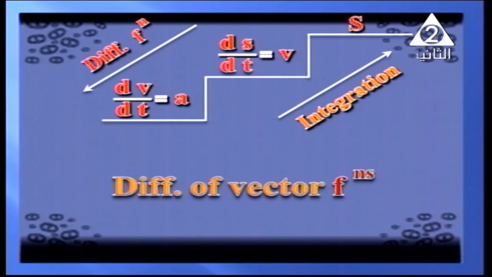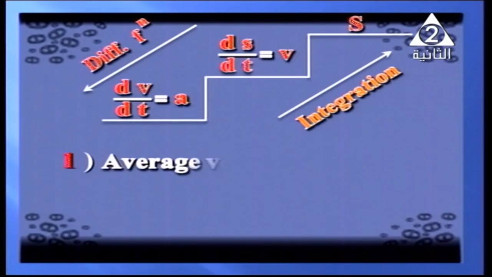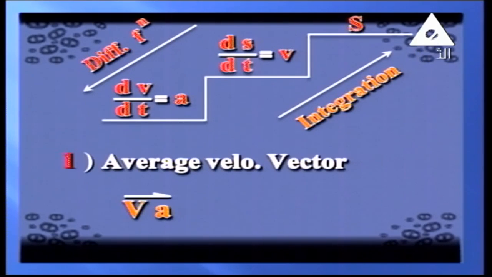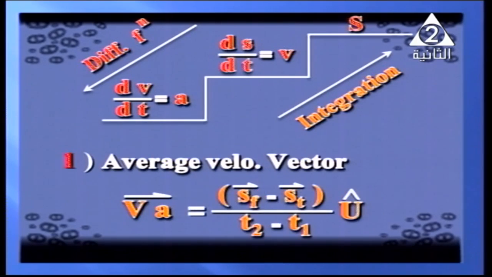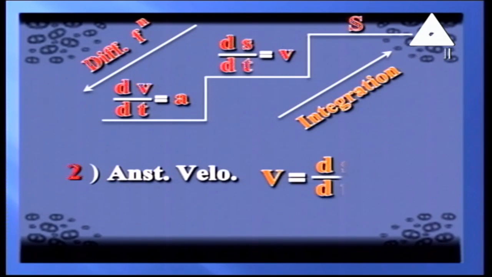But, my dear student, differentiation is a vector. Average velocity vector V_A equals what? S final minus S initial over T2 minus T1. My dear student, instant velocity V equals ds over dt.